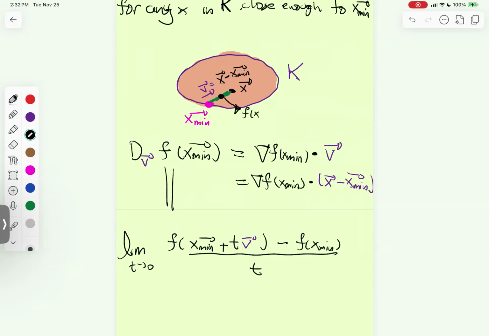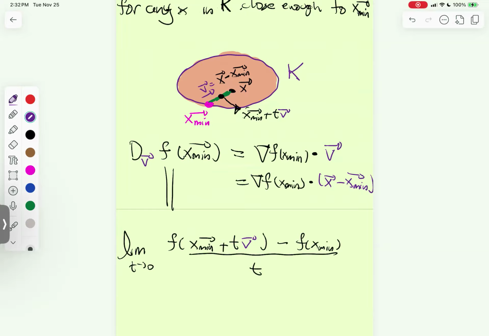If you think of t going between 0 and 1, at time 0 you're at x mean, at time 1 you are at x. So between 0 and 1, x mean plus tv is somewhere in between. Because this is a local mean, the value of the function here should be less than the value of the function at this other point.